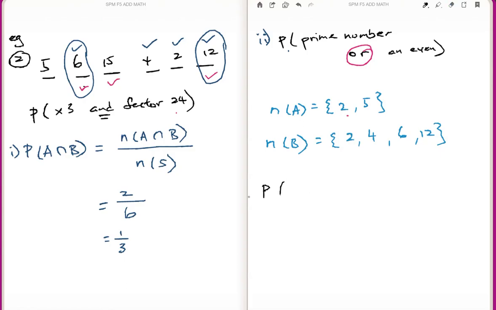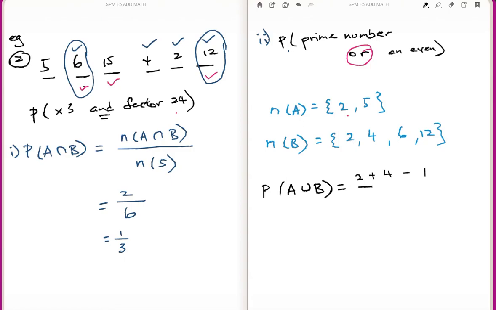Okay. So for event A or B, you need to subtract off one of it. There's 1, 2, 3, 4, 5, 6. Instead of writing 6, that's only actually 5, because it's 2 plus 2 plus 4. Subtract one of it, right? Because 2 and 2 overlap. You need to subtract.